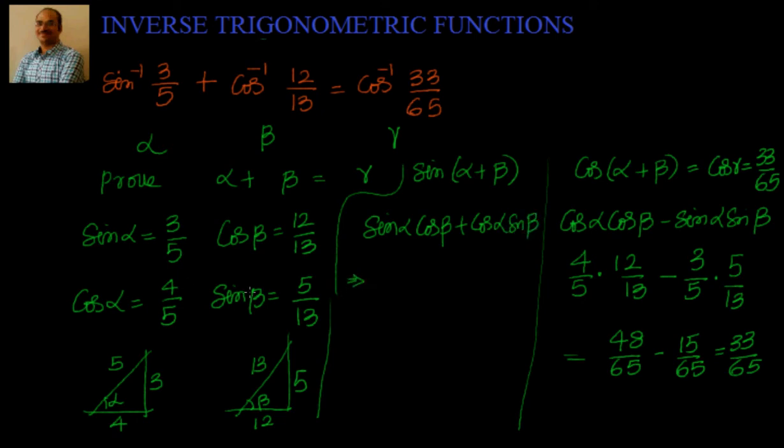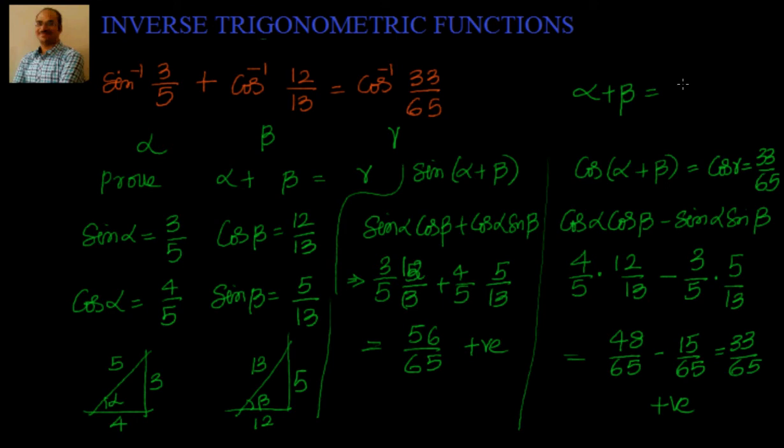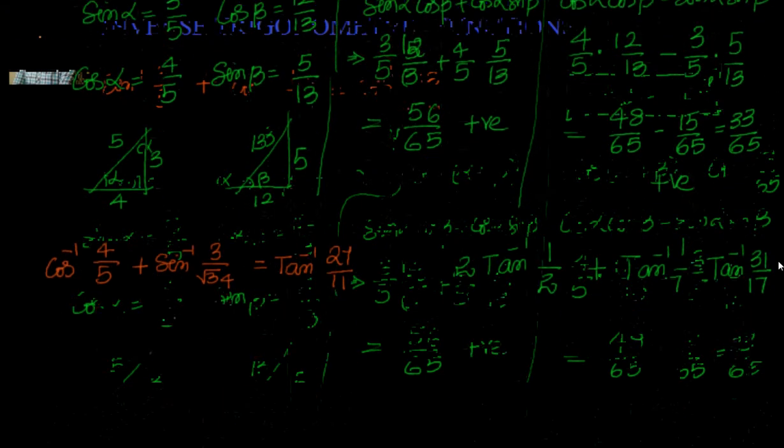Sin alpha is 3 by 5 into cos beta 12 by 13, plus cos alpha is 4 by 5 into sine beta, that is 5 by 13. You can see that the value is certainly positive. So sine is positive, cos is positive, so alpha plus beta lies in the first quadrant. So whatever value we got is fine. Good to go. Let's go to the next one.